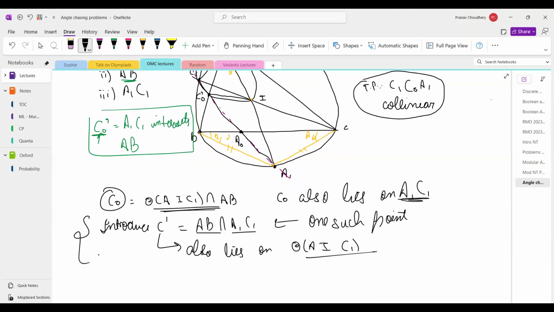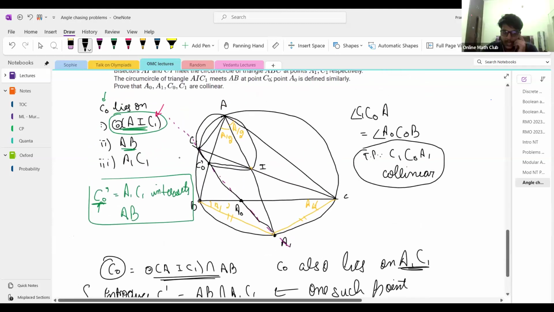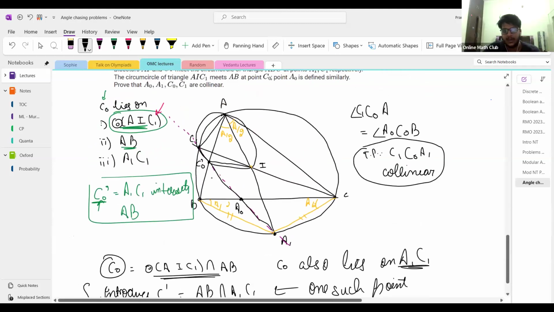Here I see that these two lines, A1, C1, and AB, are very nice lines because I know a lot about them. So if I take their intersection and try to prove a symmetry, it might be nice. It's just an intuition, and you can't directly expect to get it. But with solving problems and trying other things as well, you might eventually come to this step.